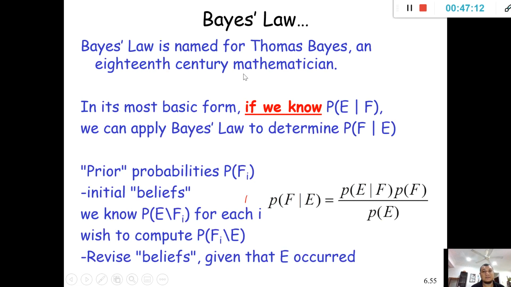Bayes' law is a very important law in discrete probability. It is named for Thomas Bayes, an 18th century mathematician. Whatever you learn here, this probability is important in networks like traffic and routing. This math is not new mathematics.